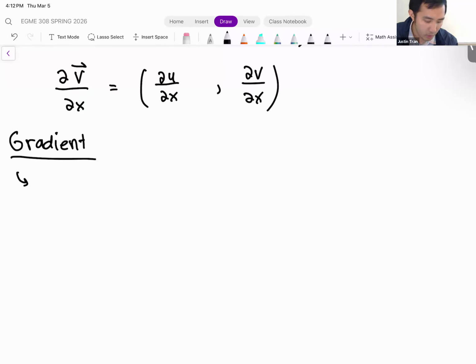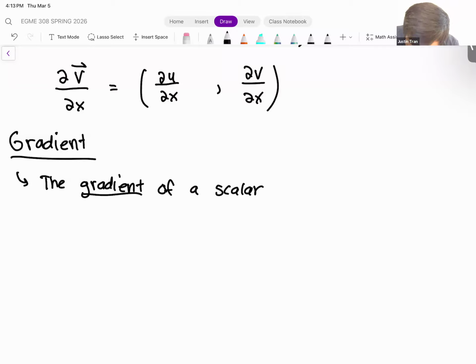So let's take the gradient of a scalar field. The gradient of a scalar field will compute the partial derivatives in every single direction.